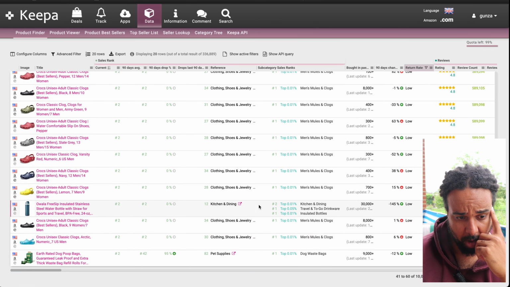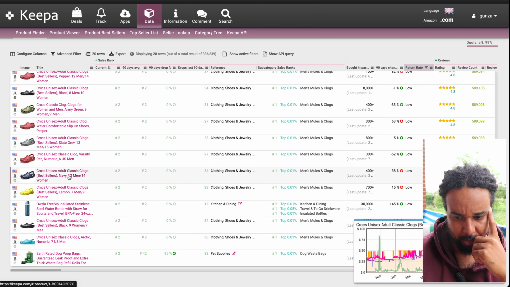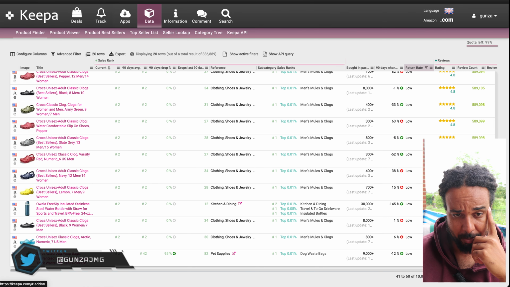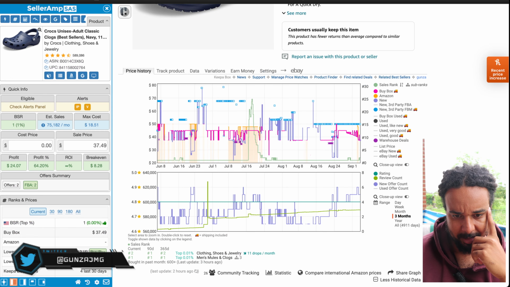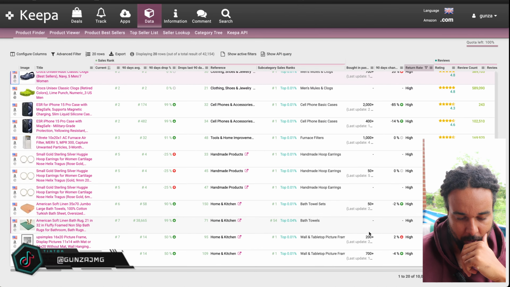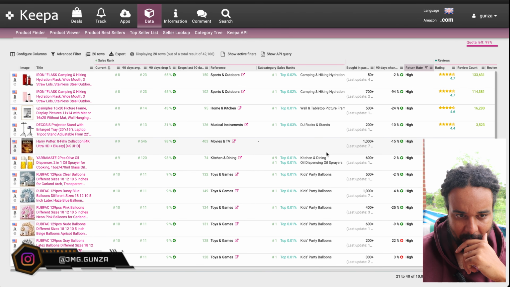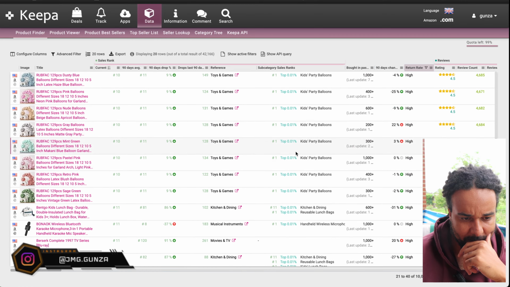We actually have a lot of Crocs, and we have this color again, and I'm pretty sure that the price is not as all over the place as this one. The price is more stable. But if we look at it, so this is the high return rate.